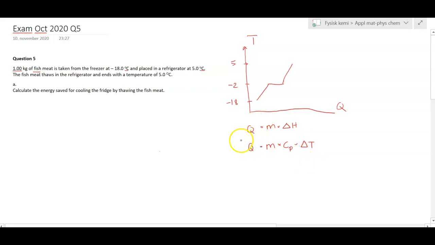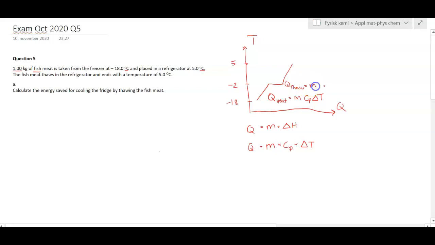So if we look at these two different types of heat that can be added, then we can see here that the first stage, we could call that Q heat. That equals M Cp delta T. The next stage here is Q thaw.